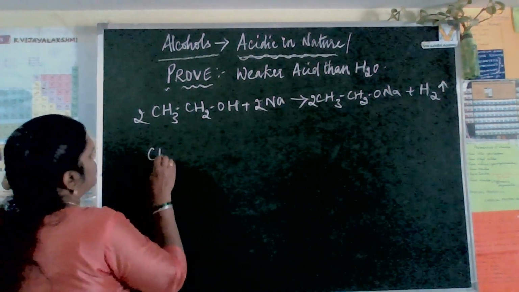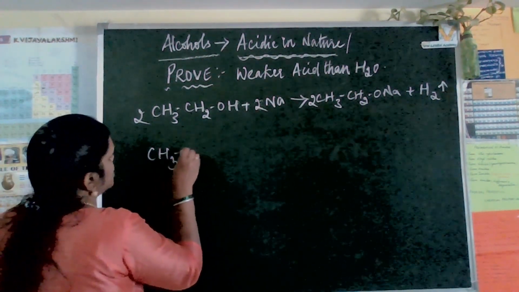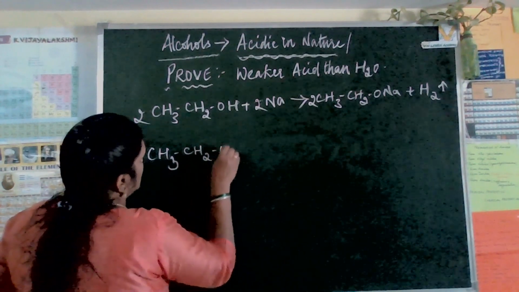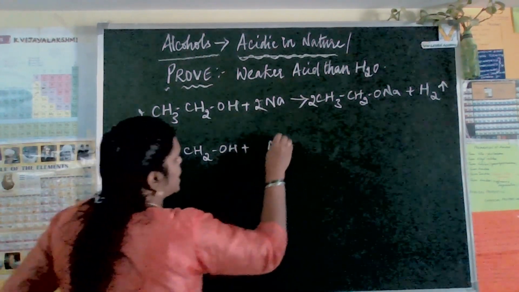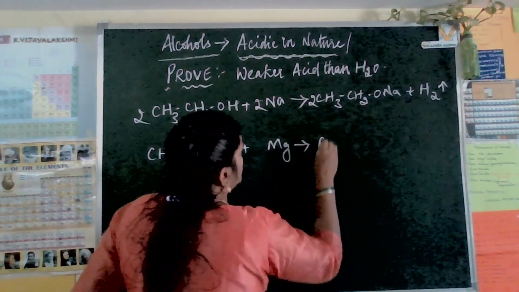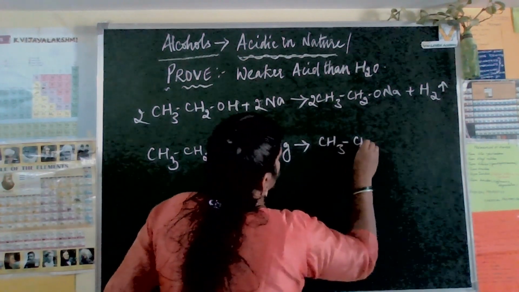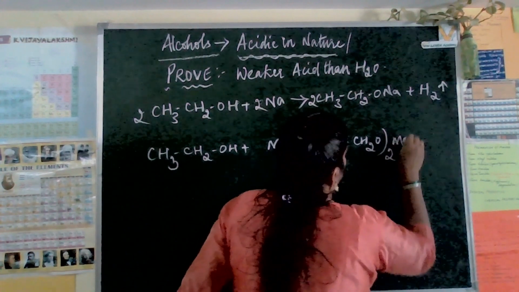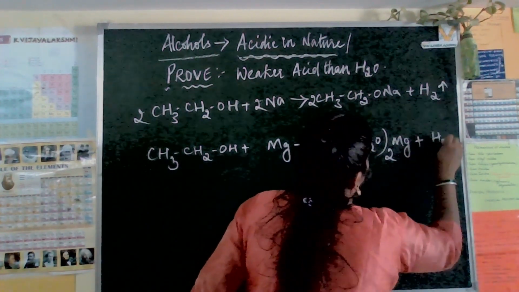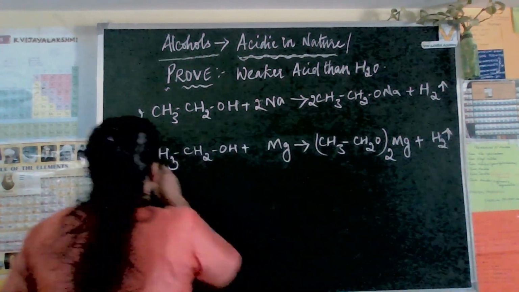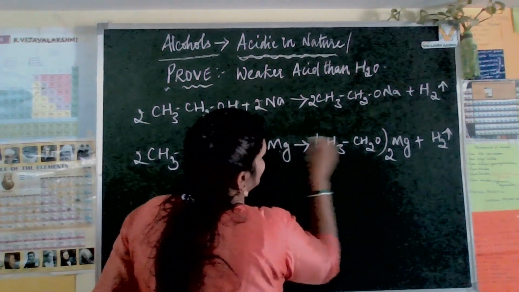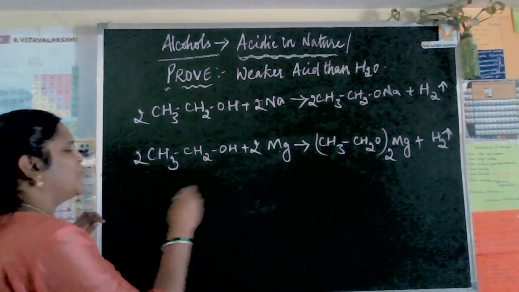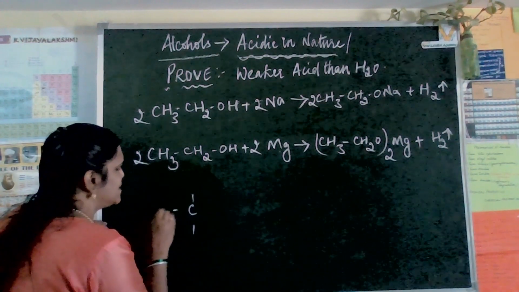Good. For example, CH3CH2OH combined with magnesium gives (CH3CH2O)2Mg. Why twice? Because the valency is 2, right? Got it? Now we'll go for tertiary alcohol.